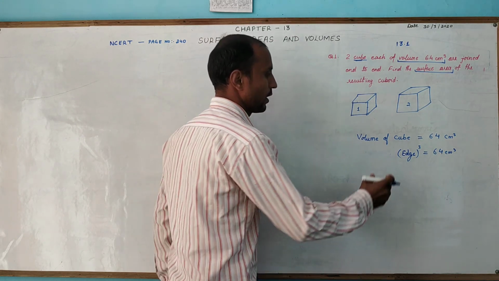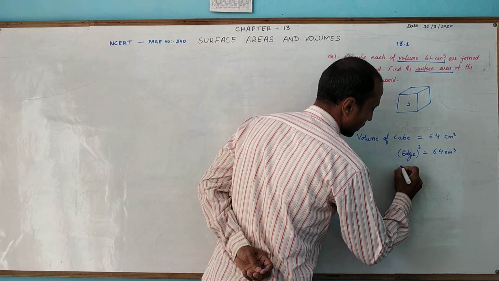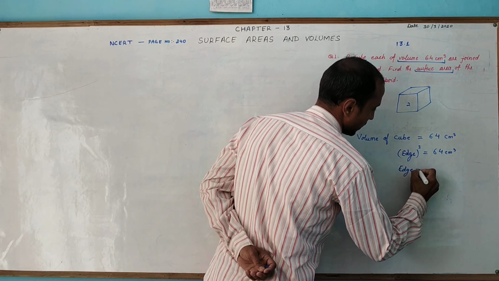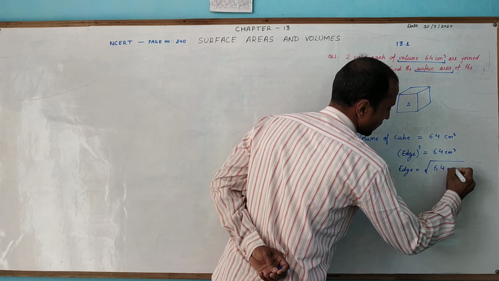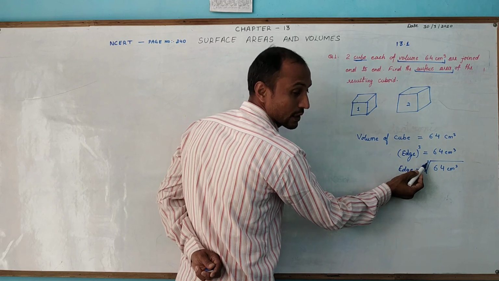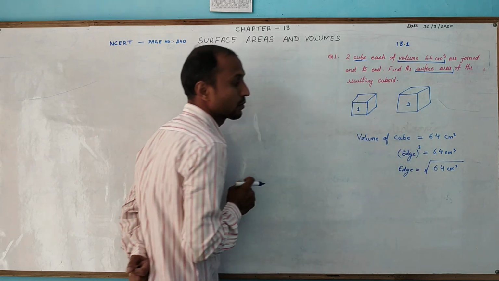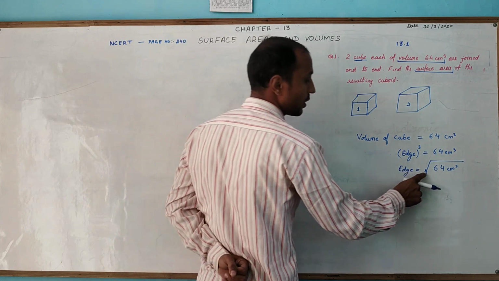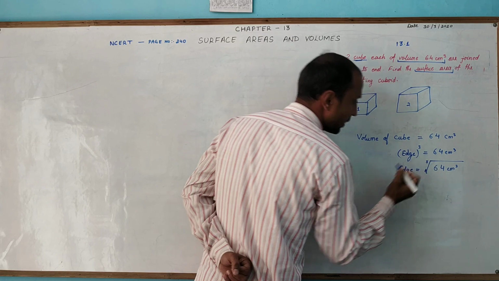Here you have to write cube root, because if you write it otherwise, it will be a square root. But here we have a cube, so we find the cube root.